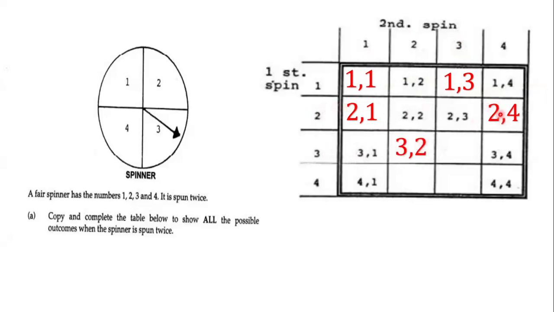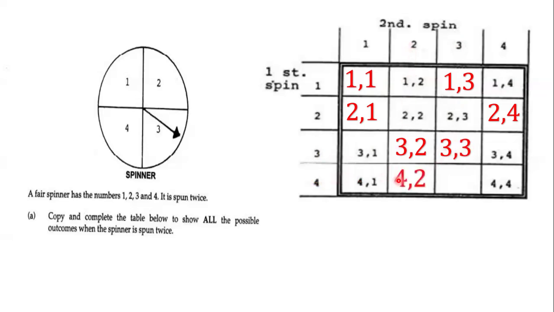This one right here is 2, 4. The first time we spin it, it lands on 2. The second time it lands on 4. And this one is going to be 3, 3. So the first time we spin it, it lands on 3. The second time it lands on 3 as well. And this one is going to be 4, 2.